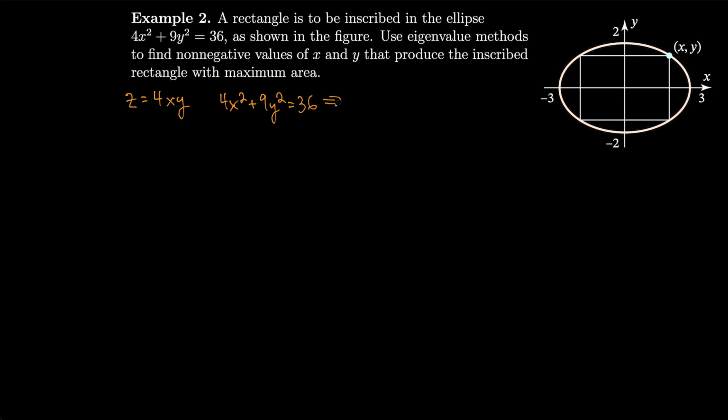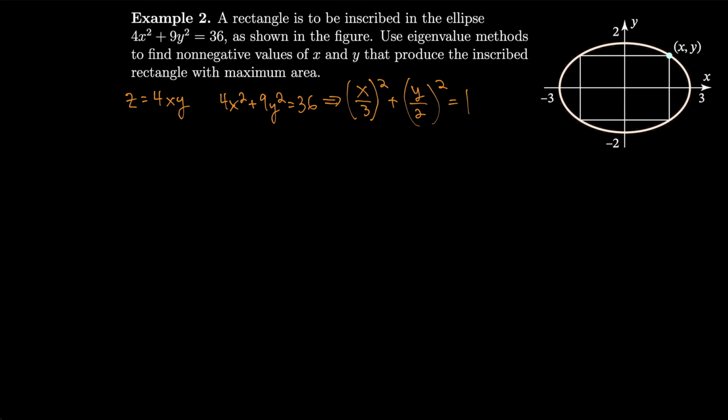Let's rewrite that a little bit to get a better idea of the regular structure for our ellipse. So that would be (x over 3) squared plus (y over 2) squared equals 1 if we just divide by 36 and then take the exponent out.